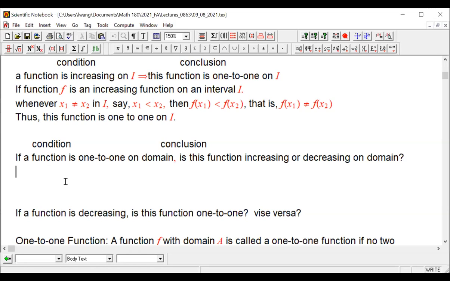It can be decreasing too, and 1-to-1. There are functions that are increasing and 1-to-1. The question is, if it's 1-to-1, it isn't necessarily increasing or decreasing. Okay, do you understand?